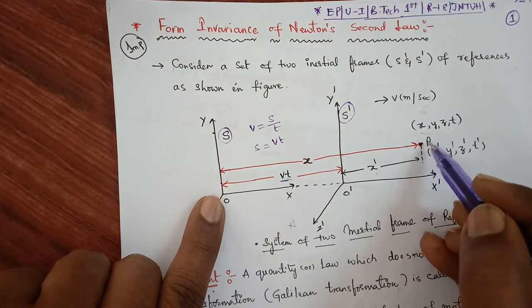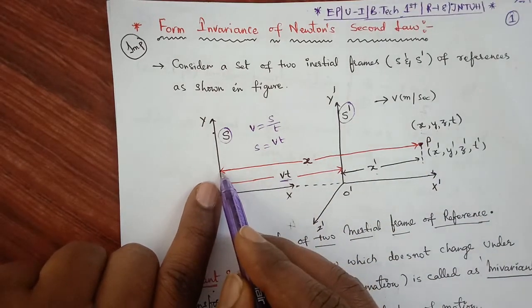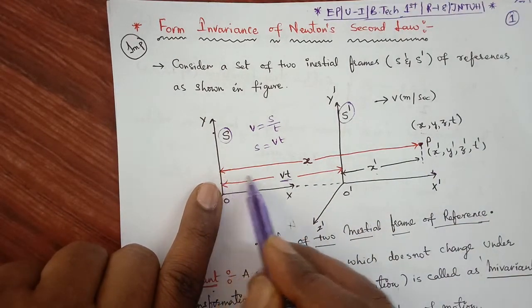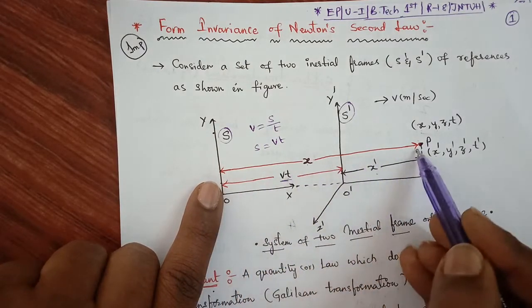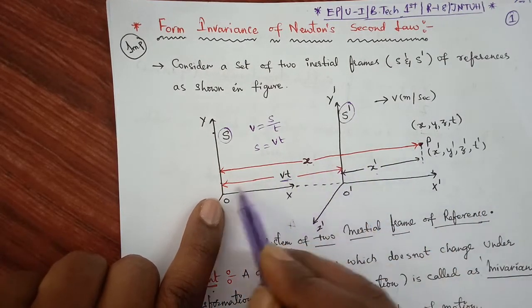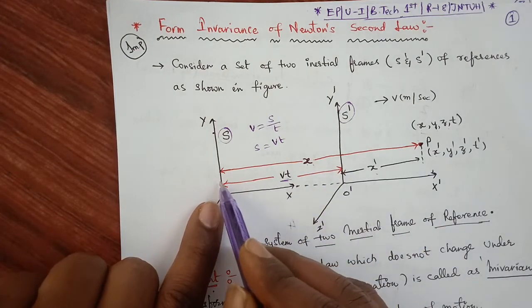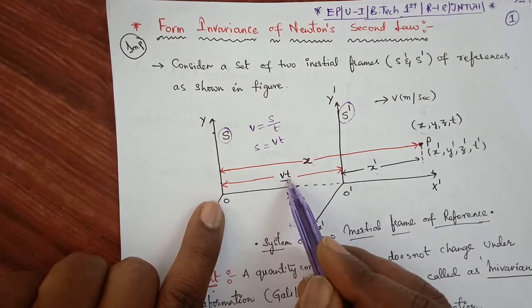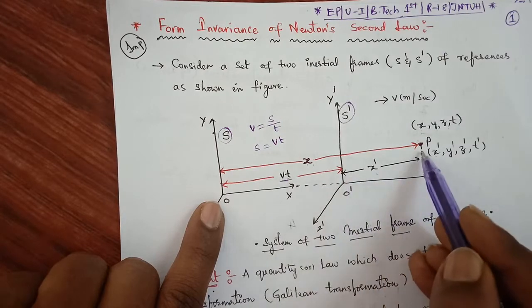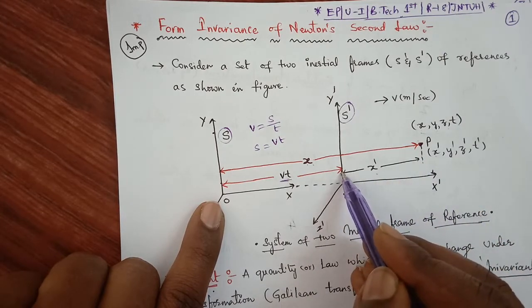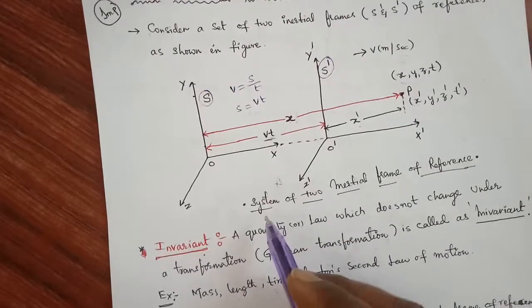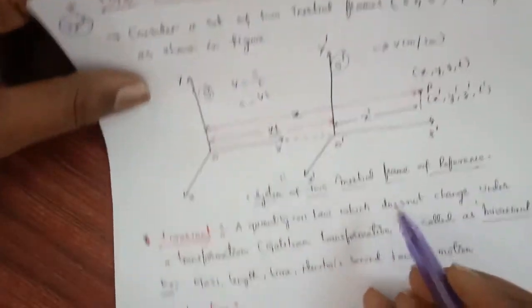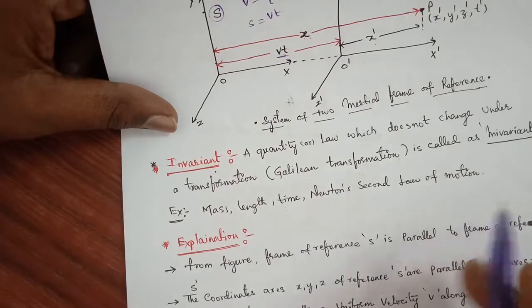The particle is moving towards the S dash frame, and the displacement covered is x, and between y and y dash is the distance Vt, and from the particle to the S dash frame is x dash. This is the system of two inertial frames of reference.